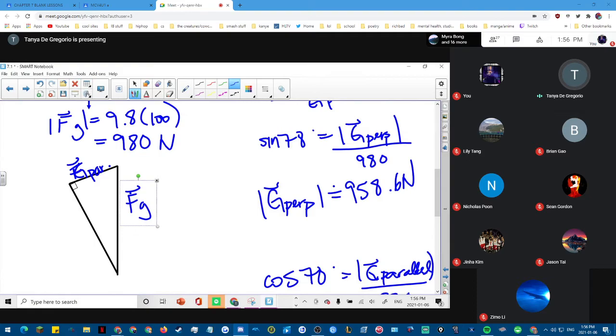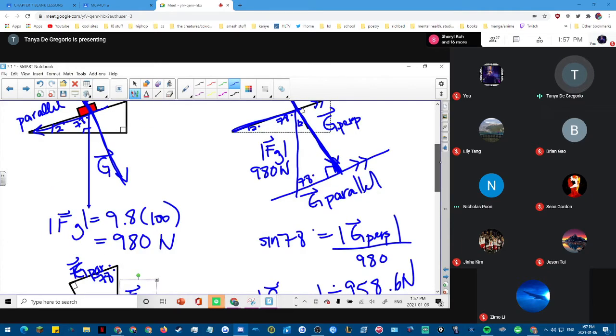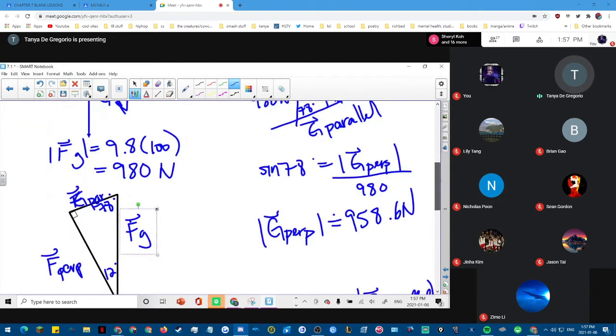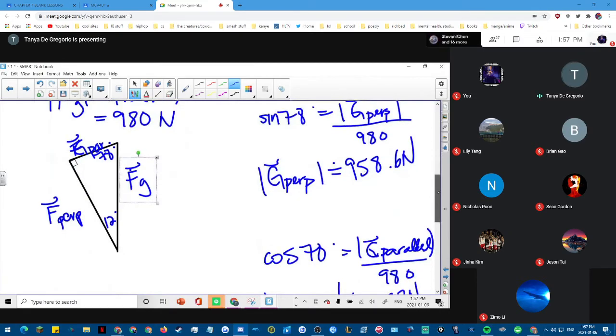And then I can say that this is my perpendicular. So you can also do it this way, okay? Whatever you guys are used to. I know that a lot of you guys have already been exposed, and so then you can do it this way, okay? That's acceptable as well. The only thing that I'm gonna say is just make sure your force of gravity is always pointing down. That's all.